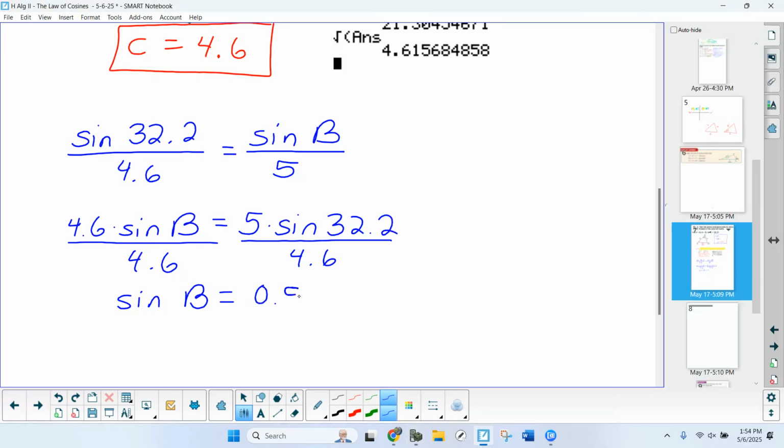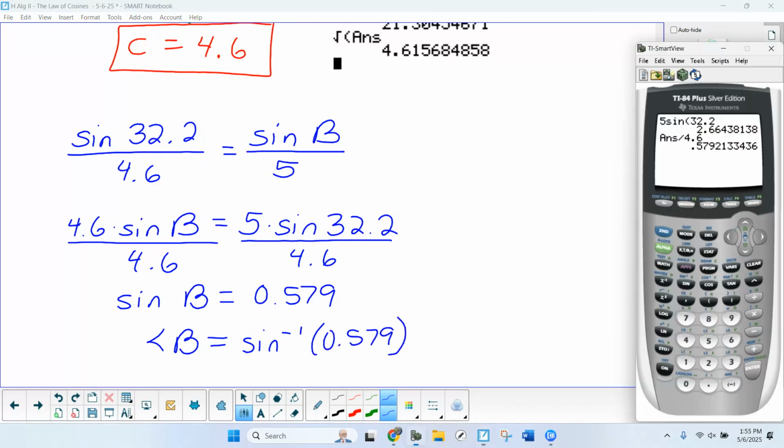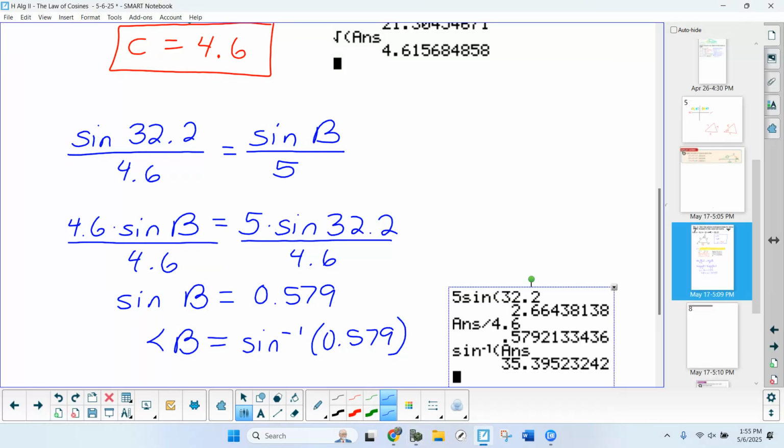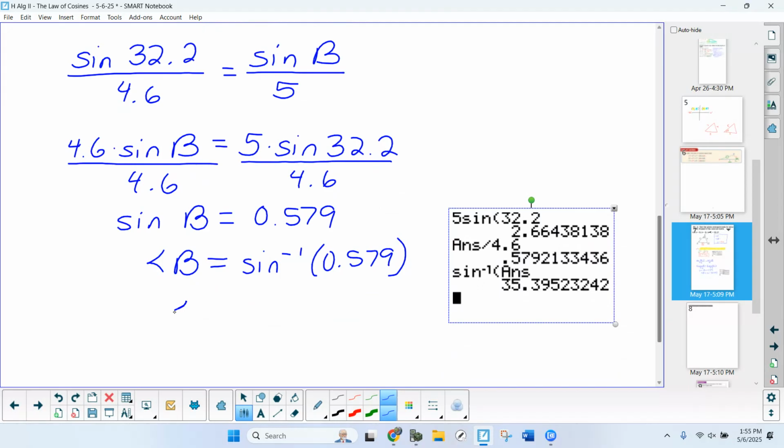And now how do you find angle B? Inverse sine. Now, I only have one angle here because I know this one is not going to be obtuse, because it's not opposite the biggest side. So I'm not worried about the ambiguous case. And what'd you get for angle B? 35.4 degrees.